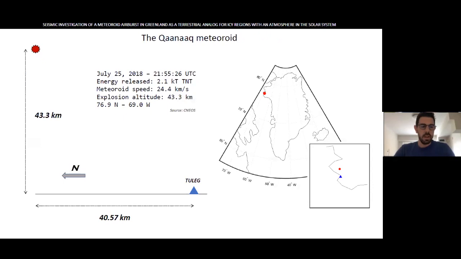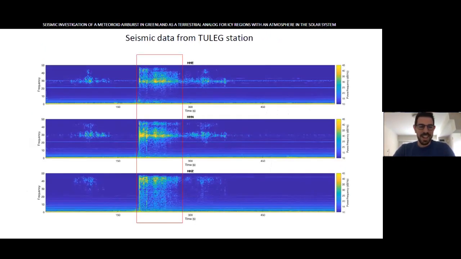On the right part you can see the relative position of the seismic station and the meteoroid.